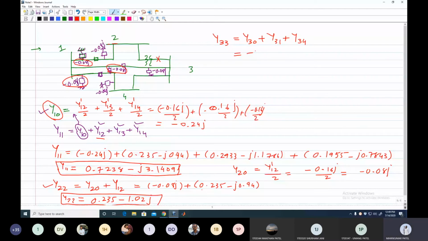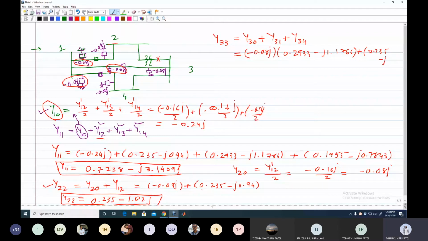Then the value of Y13 is 0.933 minus j 1.176, plus Y34, which is 0.235 minus j 0.94.